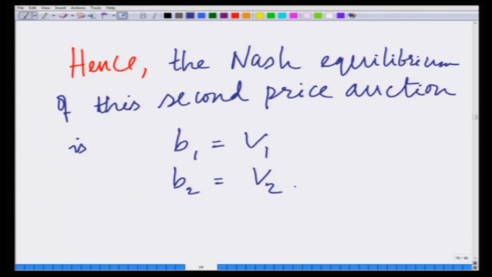What is important here is to realize that each player is bidding his true valuation, that is player 1 is bidding his true valuation V1 and player 2 is bidding his true valuation V2. Therefore, each player bidding his true valuation is the Nash equilibrium of the second prize auction.